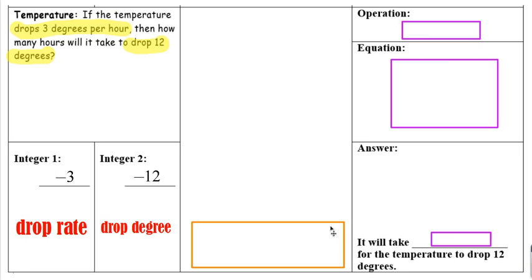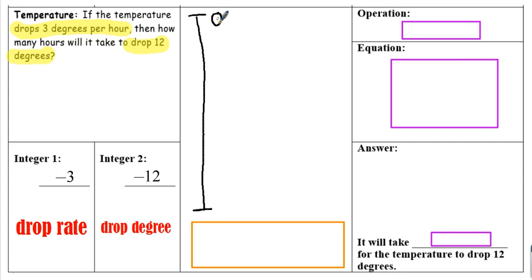So if we think about how this works, we're looking at a thermometer again. So we're going to draw a thermometer, which will look like a vertical number line. And the temperature is dropping 3 degrees every hour. So I'm going to start at 0 degrees, and I'm going to number it down, so you can do that as well.